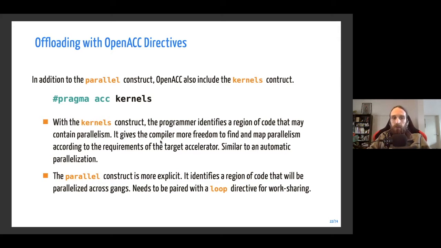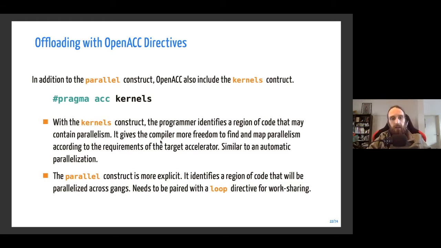I will not use it for this presentation because the kernels directive works very well with one compiler, which is the compiler provided by NVIDIA. But the other available OpenACC compiler, which is GCC, does not support this directive very well. It needs the parallel construct and needs the programmer to give it more information in order to be efficient.